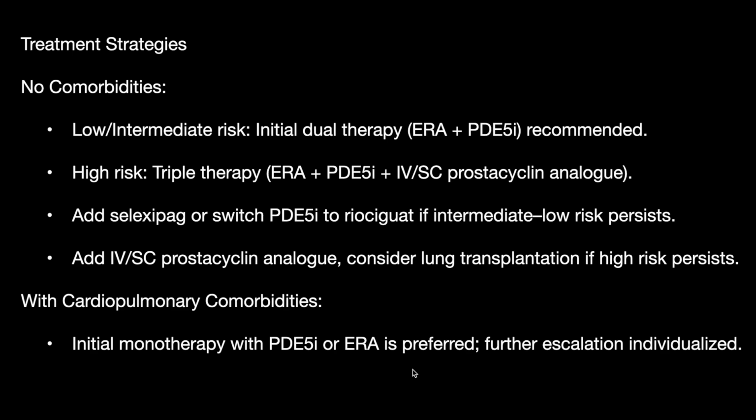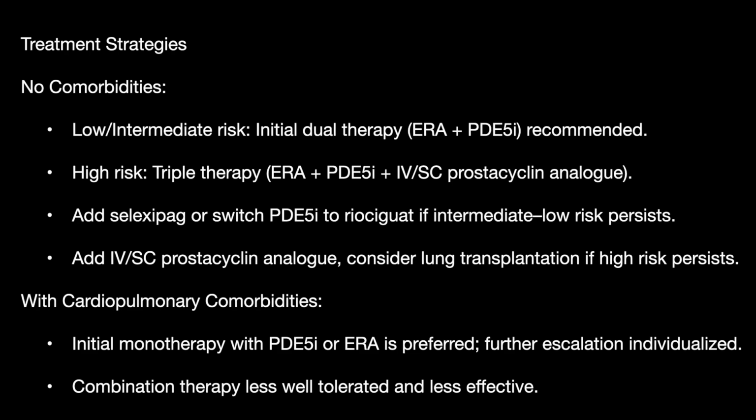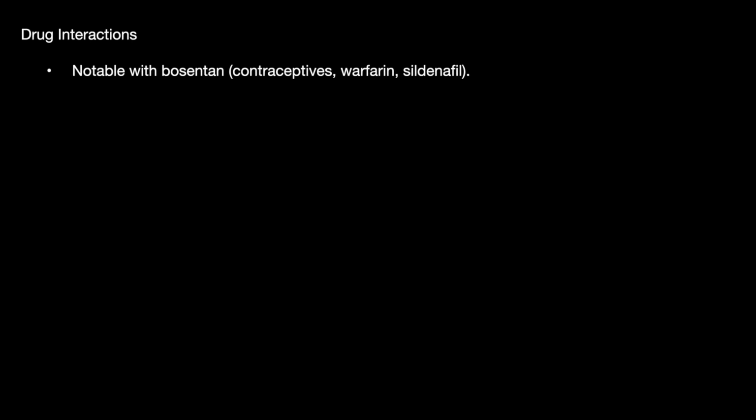Further escalation needs to be individualized. Combination is less well tolerated, so use any one agent and see which one best suits your patient. Drug interactions must be kept in mind because bosentan has important drug interactions with contraceptives, warfarin and sildenafil.